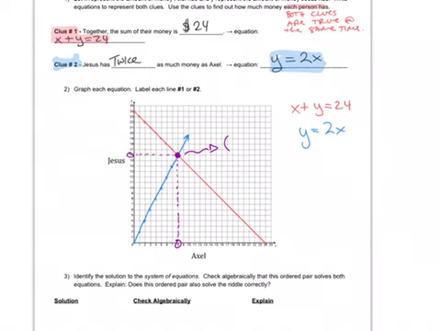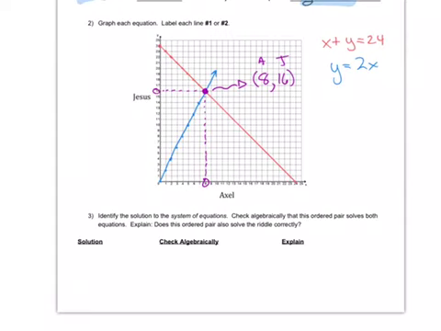And so here we have the point 8, 16, which represents that Axel has $8 and Jesus has $16. And that's the point that's on both lines. And what you'll see, okay, is that if you check to make sure that 8 and 16 sum to 24, which is clue number 1, you find that it's true that if Axel has $8 and Jesus has $16, their total will be $24.